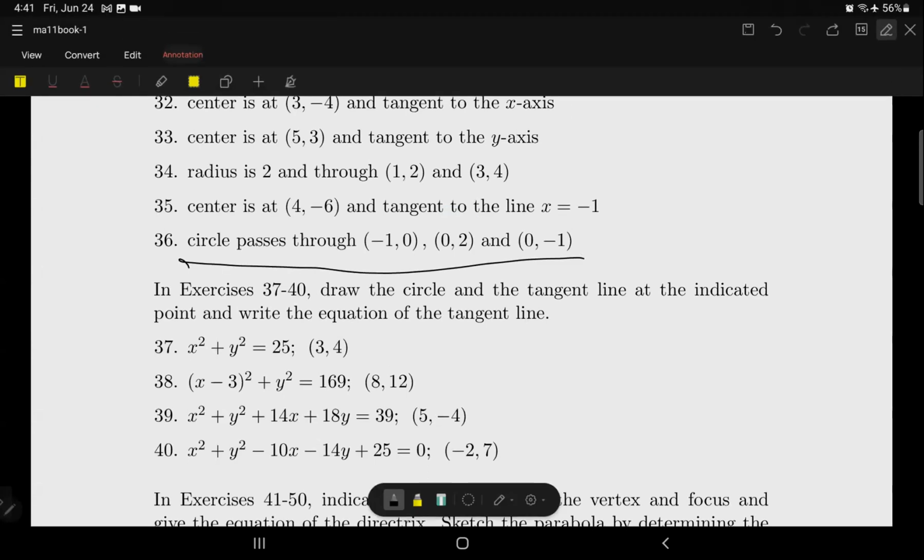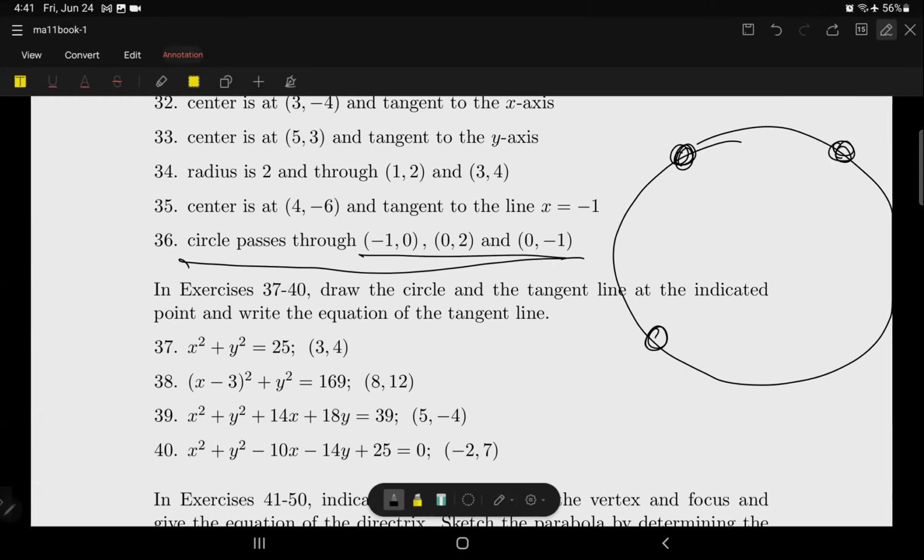You're given 3 points on the circle. Paano mong kukunin ngayon yung center at radius? So, gamitin mo yung theorem kanina. The perpendicular bisector of any chord of a circle passes through the center.